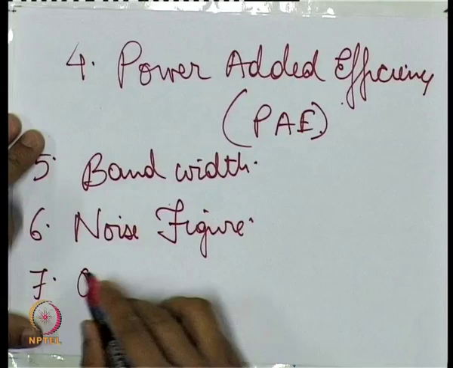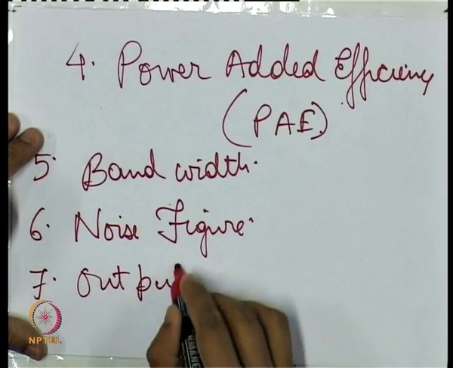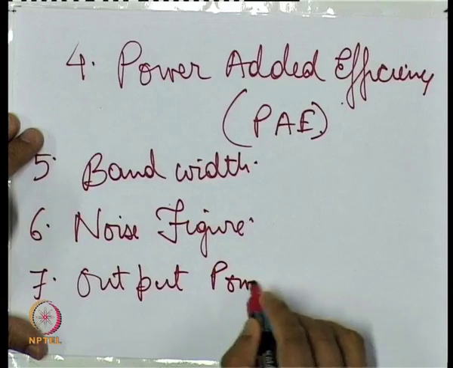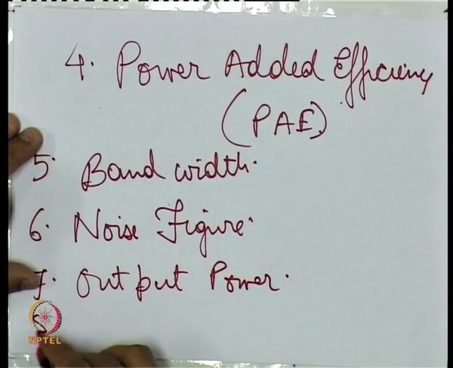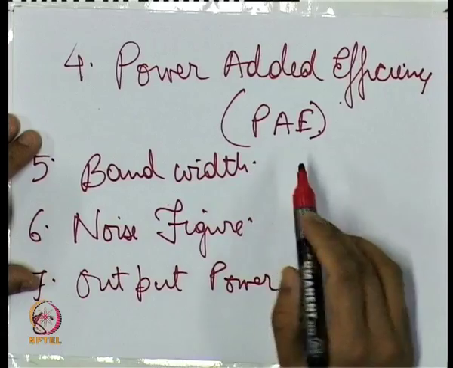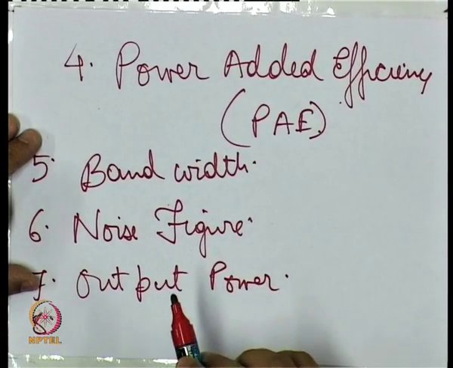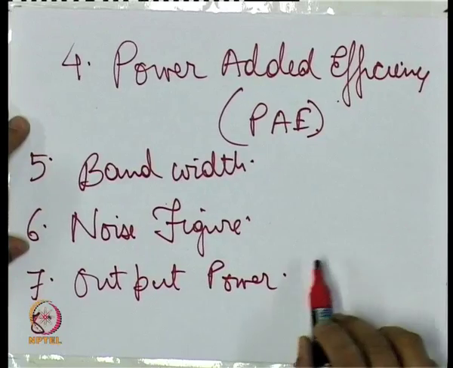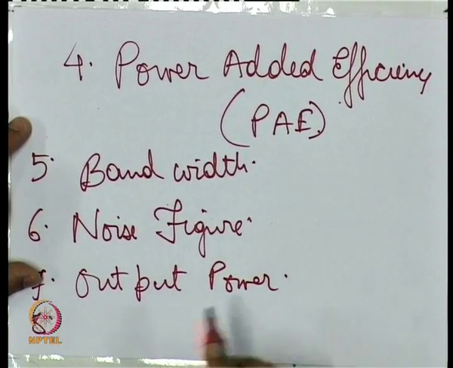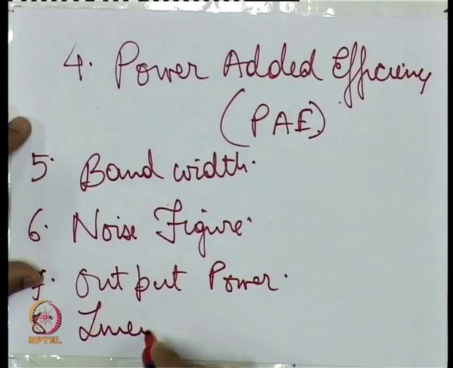Then output power, because that is also an important figure of merit. Not just the efficiency or the bandwidth or how much DC power it takes, but also how much output power it gives. And finally, the linearity.